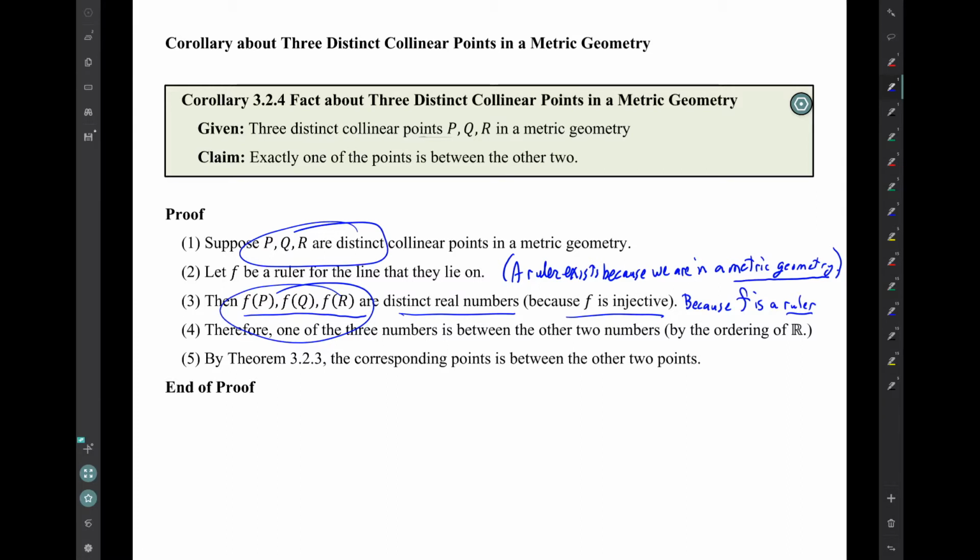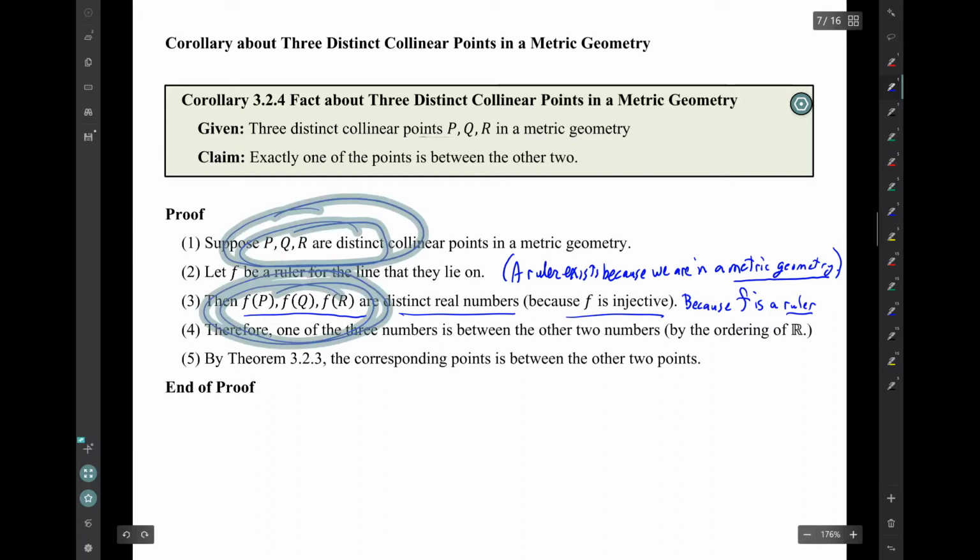Remember that one definition of injective is if two inputs cause outputs to be equal, then the inputs must have been equal. But there's a contrapositive version that says if two inputs are not equal, then the resulting outputs will not be equal. So if you feed in points that are not equal to each other, then you get out numbers that are not equal to each other. So we use the fact that f is injective.